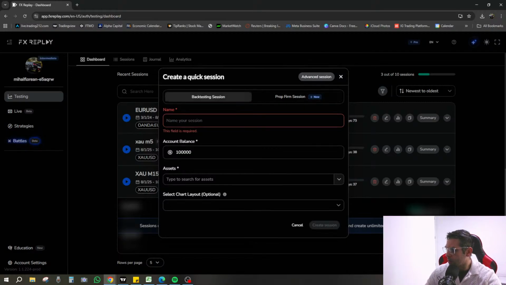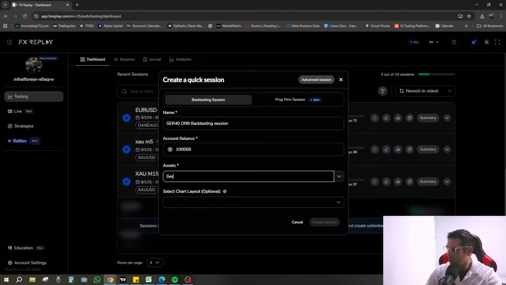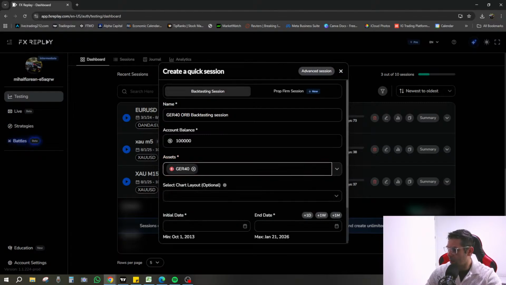I'm just going to do a backtesting session in GER40, ORB Backtesting.